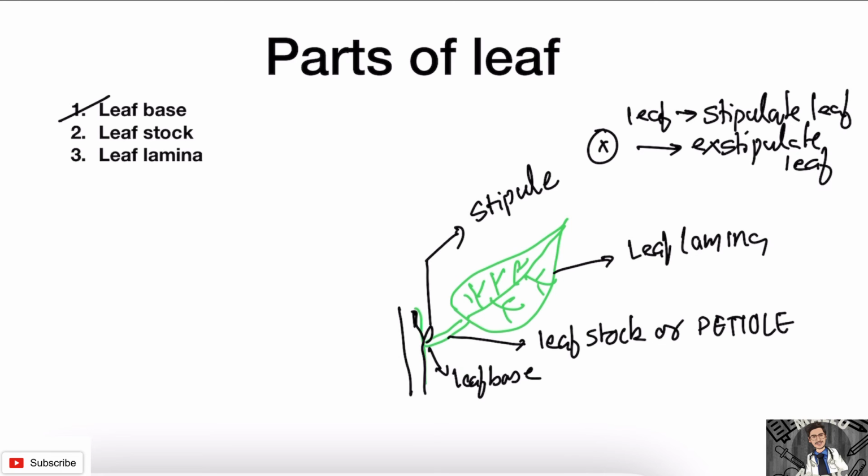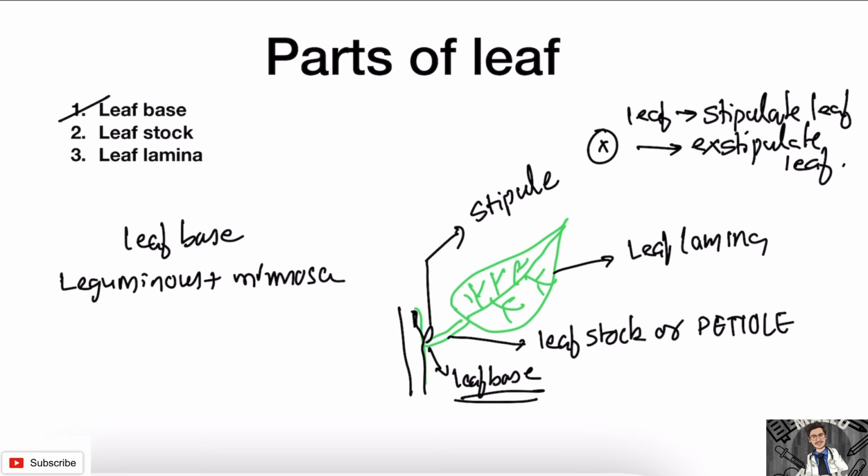Are you getting the concepts? Then we have some modifications of the leaf base in a few plants. Let's see. In leguminous and mimosa plants, there is a modification of the leaf base.